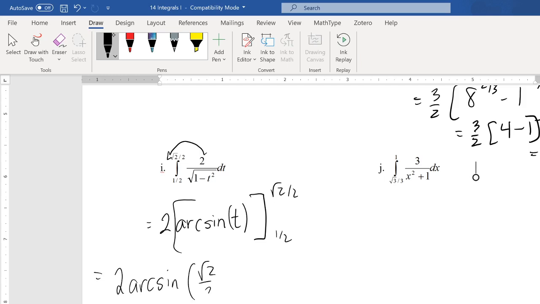So plug in square root of 2 over 2, and then second plug in 1/2, remembering to subtract it.